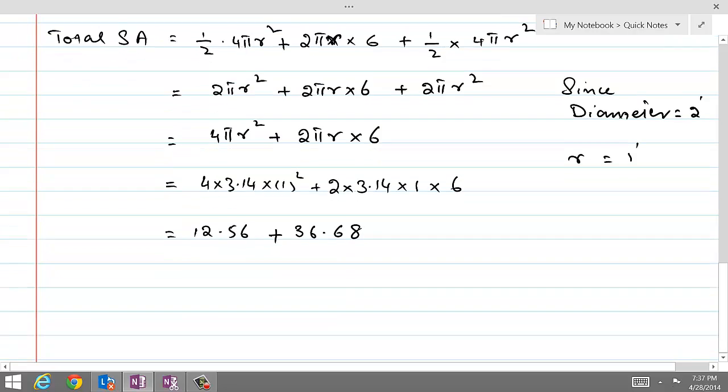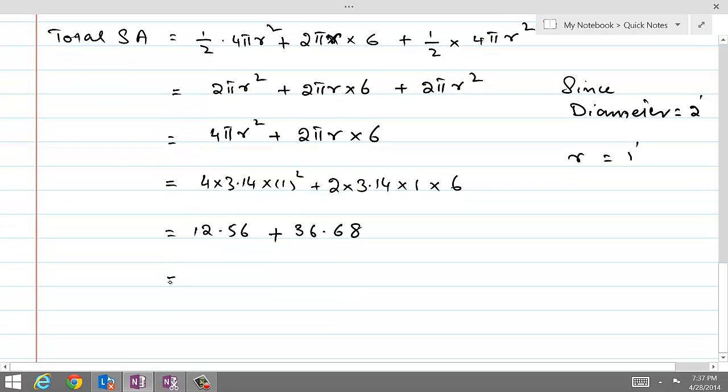And their sum is going to be equal to 50.24 square feet, because it's surface area.